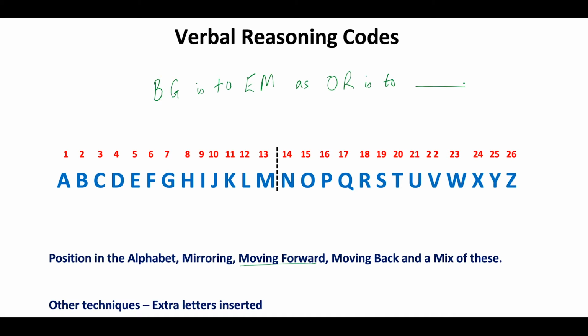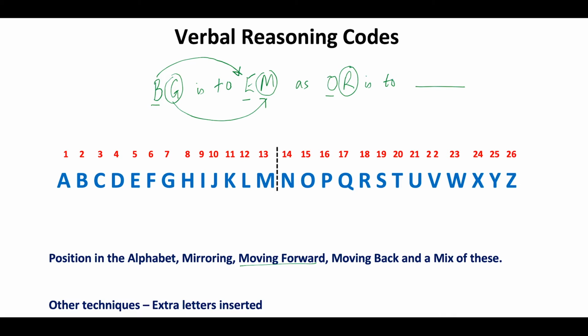So first thing to do is to look at each of the letters separately. We're going to compare the first one to the first one. If it helps you, you can underline them as you work through them, and then circle the second one just to make sure you don't make a mistake. Whatever happens to the first one, we're going to do the same, and whatever happens to the second one, we're going to do the same again.